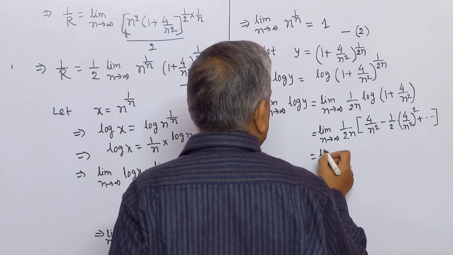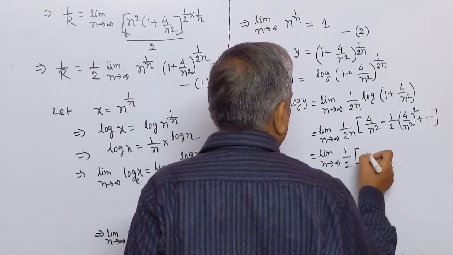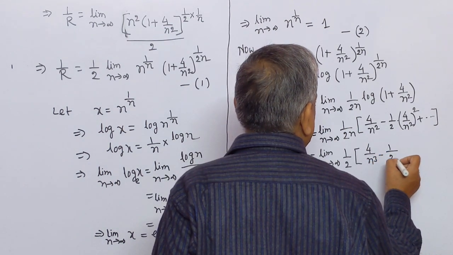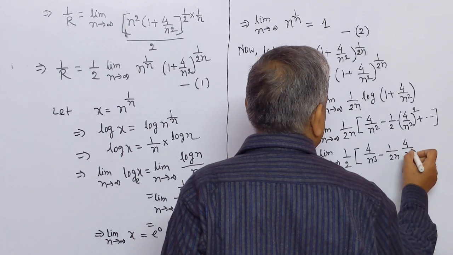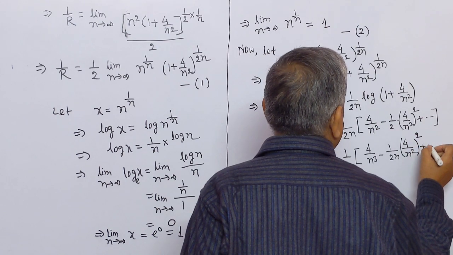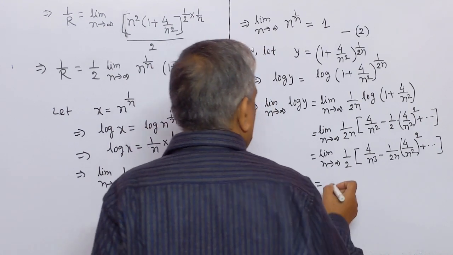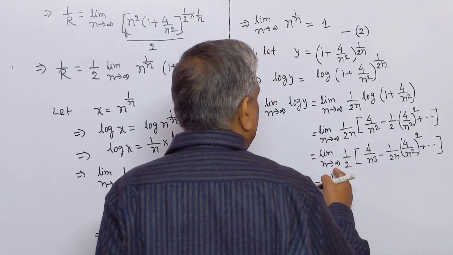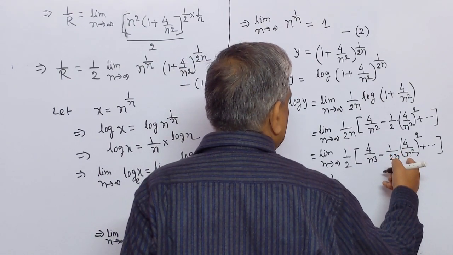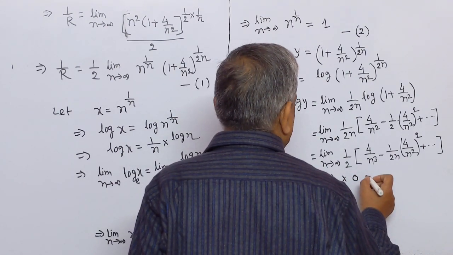This equal to limit n tends to infinity 1 by 2 (4 by n cube) minus 1 by 2n (4 by n square) whole square plus dot dot dot. This equal to half limit n tends to infinity. This is 0. This term is also 0. So we get 0.